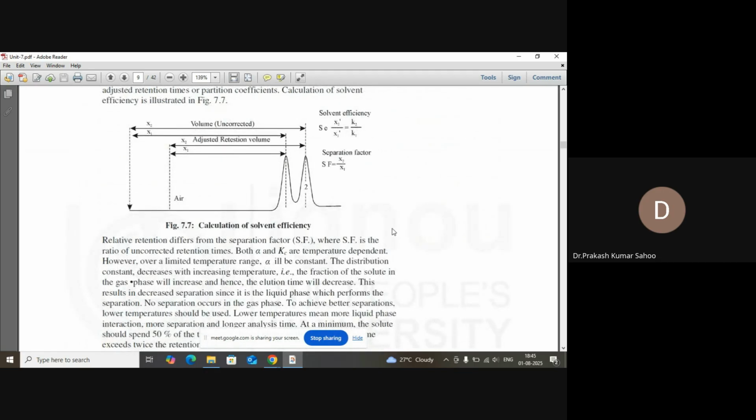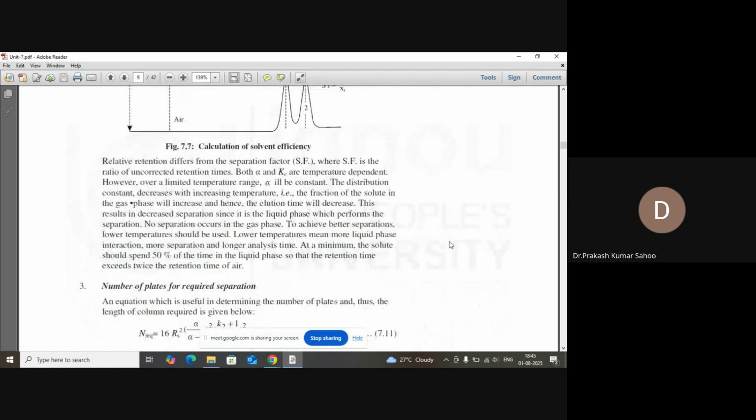So we have the separation factor, that is equal to x2 by x1. Here two components are there. This is the air peak, the distance covered by component 1 will be x1, and the distance covered by component 2 is x2, and the volume uncorrected is the total volume. This is your x2 and x1, and actually x2 gas and x1 gas.